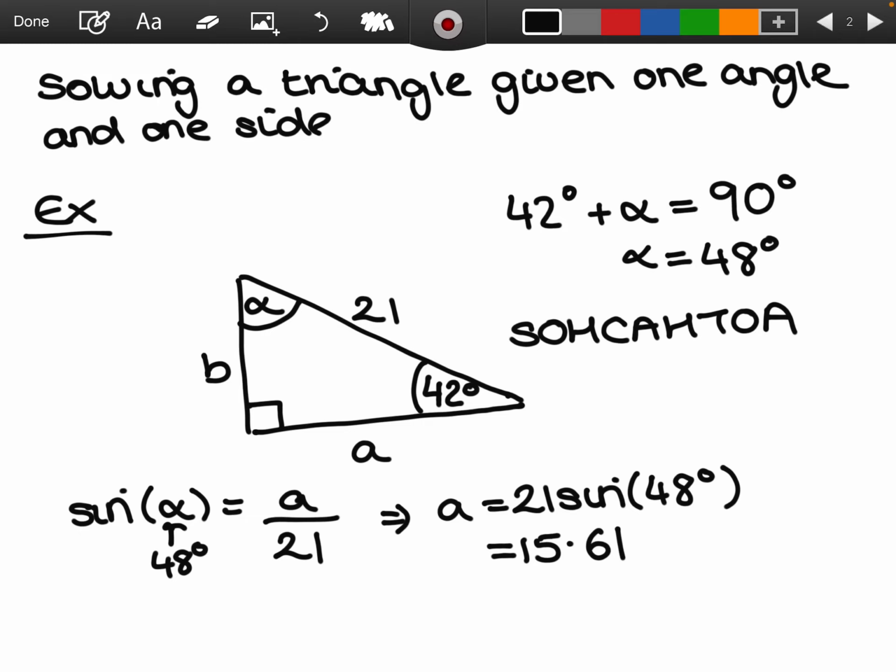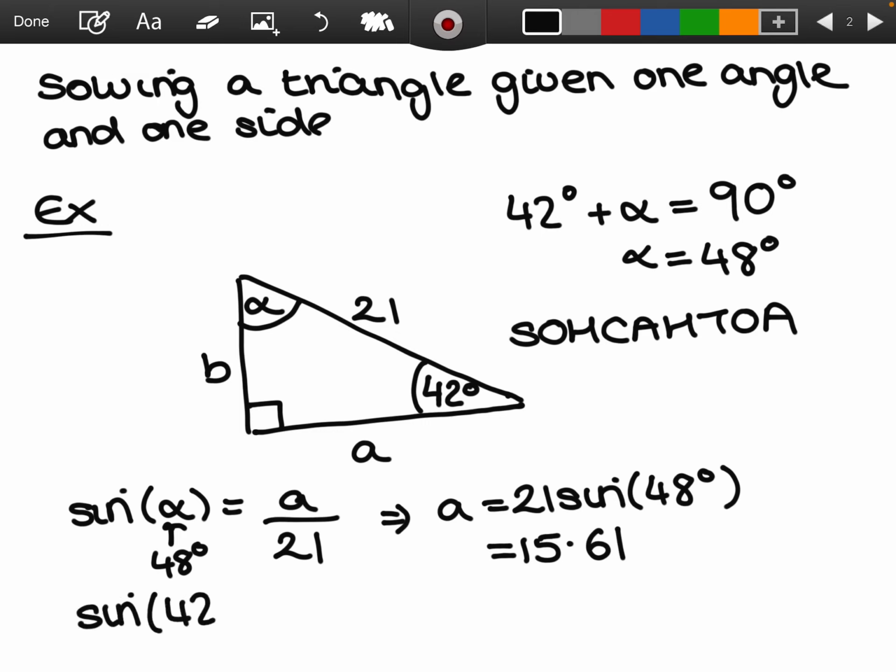Then we need to find B, okay? Again, you could go ahead and use Pythagoras at this point. I'd say that the value of A, 15.61 squared, plus B squared equals 21 squared, and go ahead and find B that way. But I like to use Pythagoras as a check in this case and use one of my other trig functions in order to find B and then check it using Pythagoras. Okay.